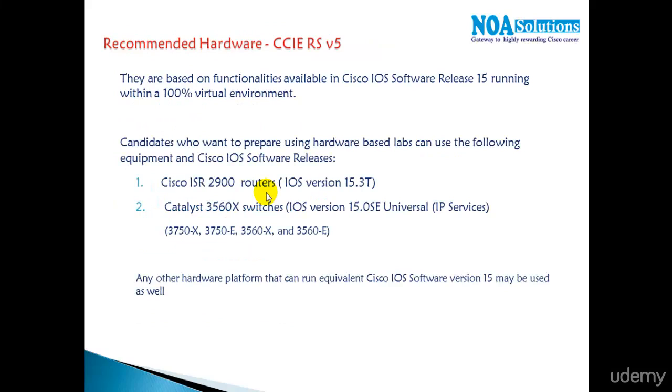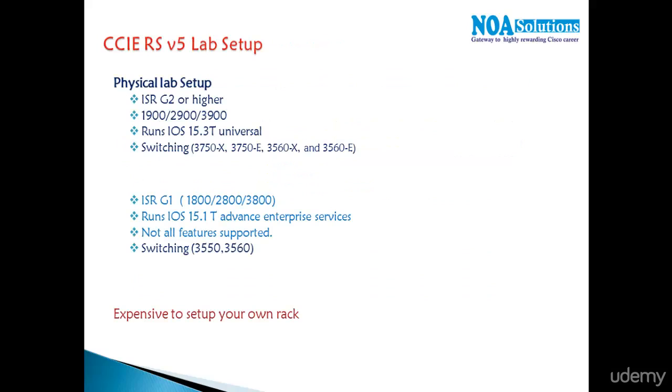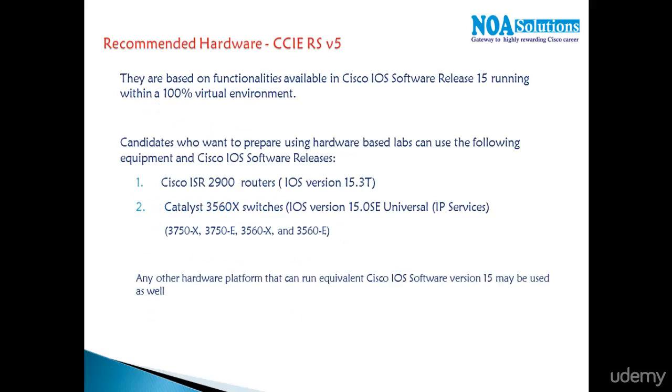Now the last thing we'll discuss is the recommended hardware for your CCIE lab exam preparation. First, according to Cisco, the complete CCIE lab exam will be tested on a 100% virtualized environment, where the exam will not be tested on real devices again, but it's going to be very near to the real devices.